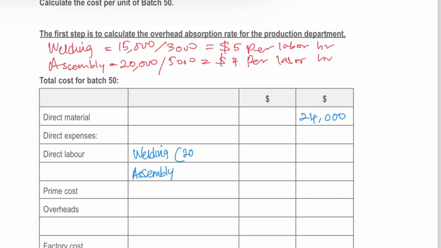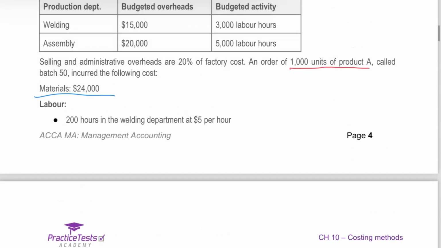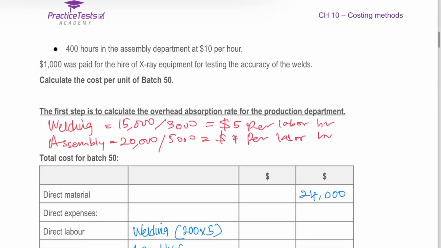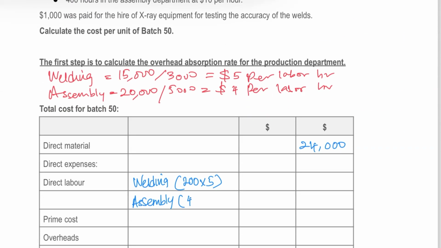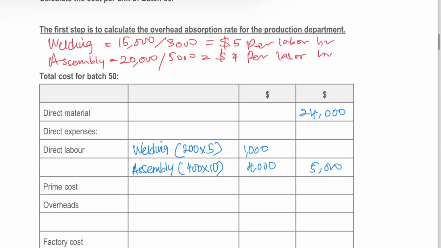So welding, it will be 200 into 5, and 400 into 10 for assembly. So that will be 1,000 and 4,000. So therefore, it will be a total of 5,000 for direct labor. That will give us our prime cost. So our prime cost will be $29,000.